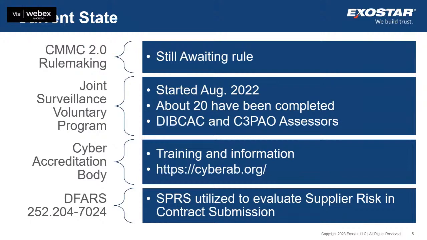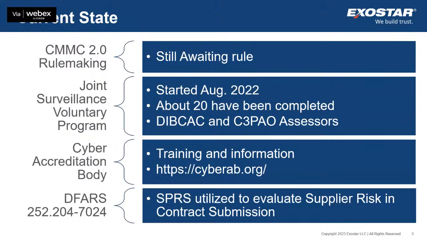Recently there was a new DFARS clause inserted or coming to be inserted into contracts. That's DFARS 252.204-7024. This provides guidance for procurement officers to be able to utilize supplier risk as part of one of those measures they use in evaluating contracts.